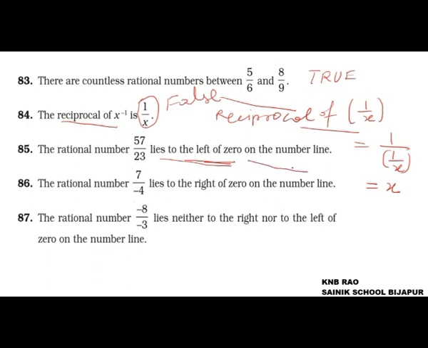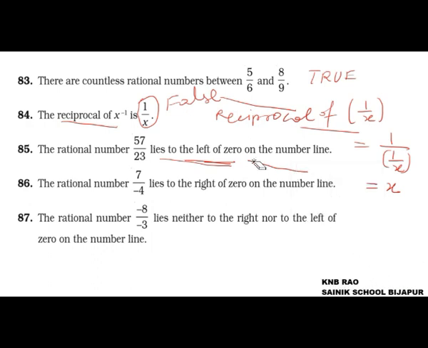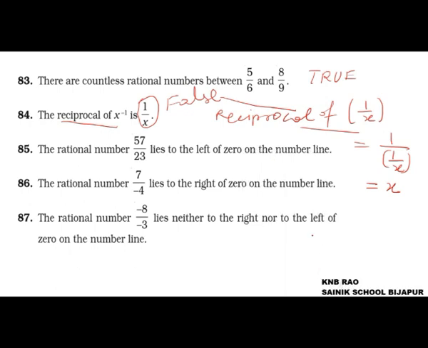Rational number 57/23 lies to the left side of 0. Remember, on a number line, let me properly draw. If you consider 0, to the left side you will have negatives, to the right side you will have positives.